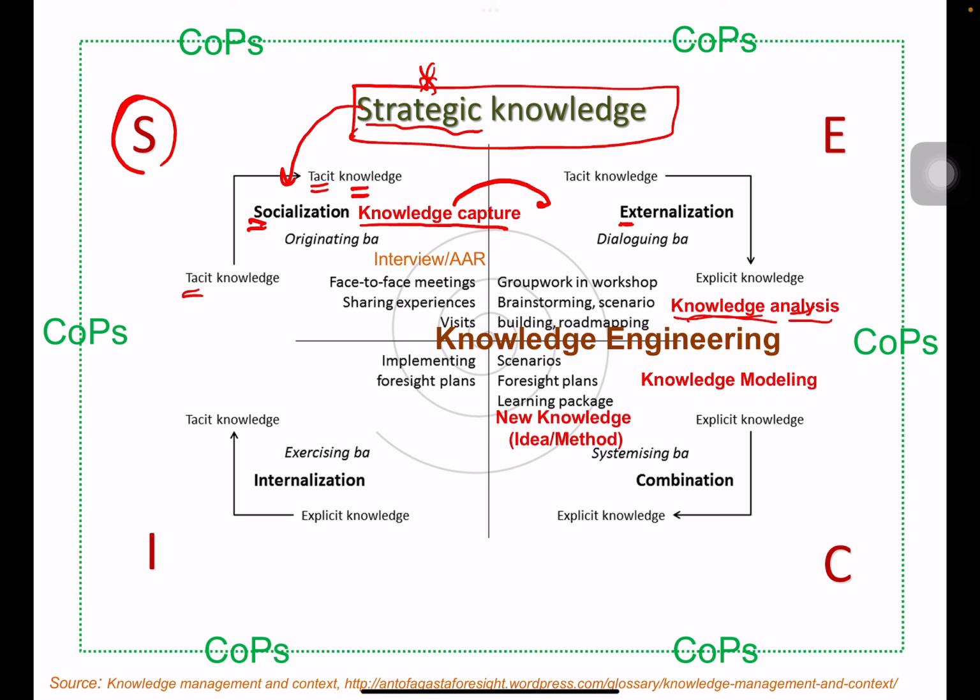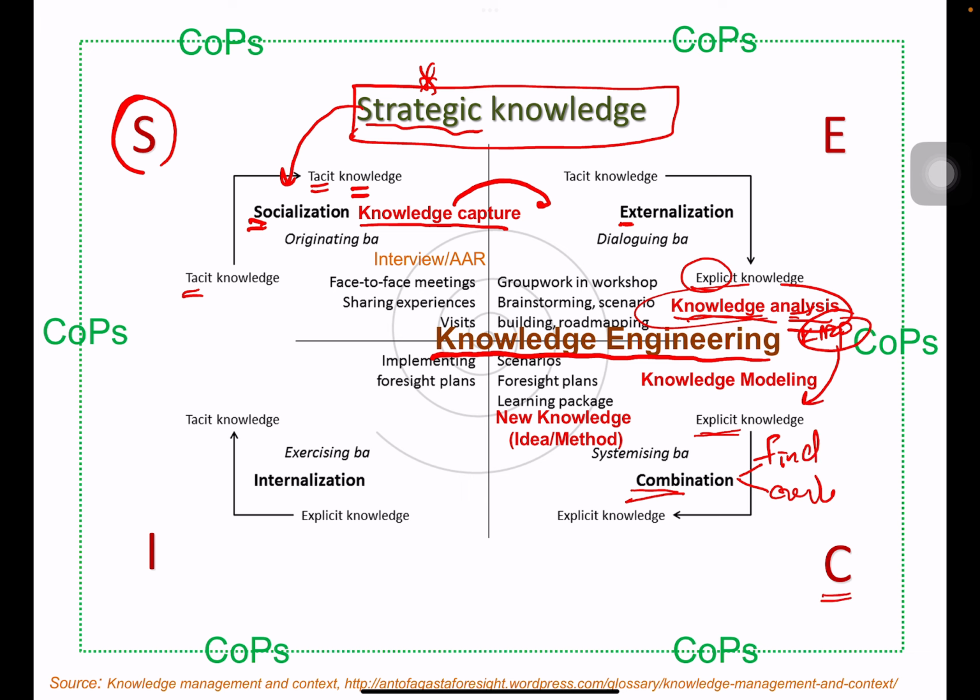At the step of externalization, the knowledge changes to the explicit knowledge type, using knowledge engineering to analyze it as a knowledge map. Then you bring the knowledge map to combine with other explicit knowledge, to combine and create more at the combination step.